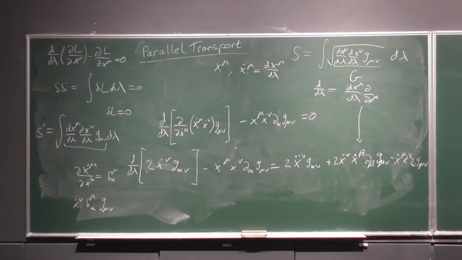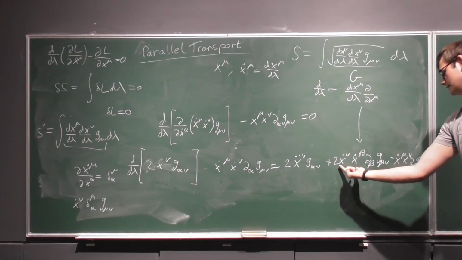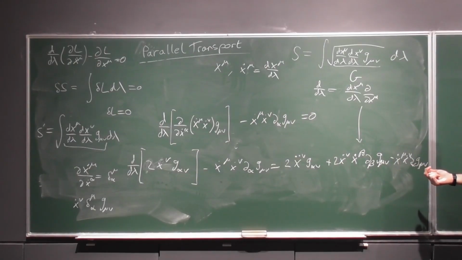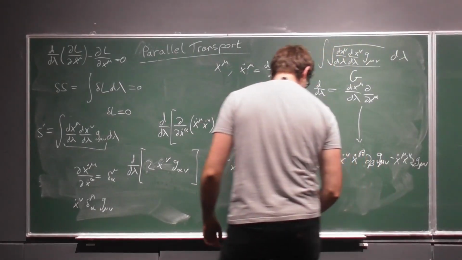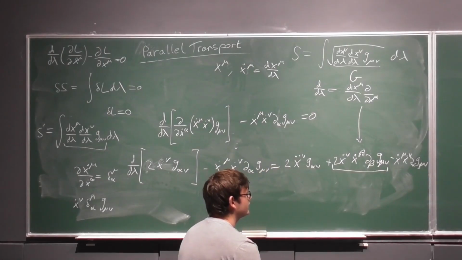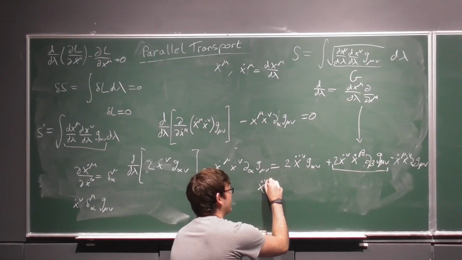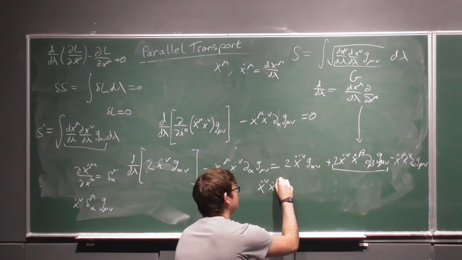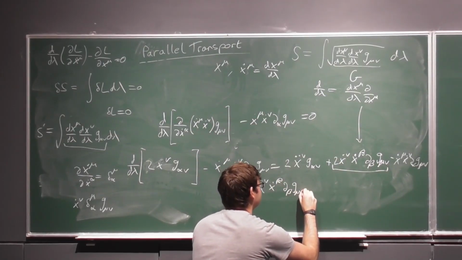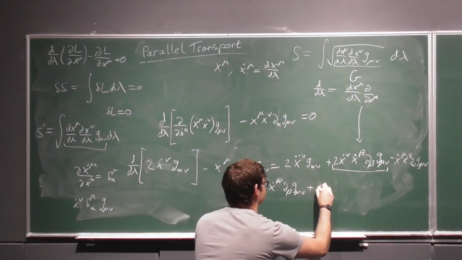Okay, now these are all looking very similar. These x dots just don't quite have the same indices, so we're going to mess around with them a small bit. I'm going to take this term and split it up into 2. So x dot nu, x dot beta, d beta g mu nu, plus the same term, because there's 2 of them.